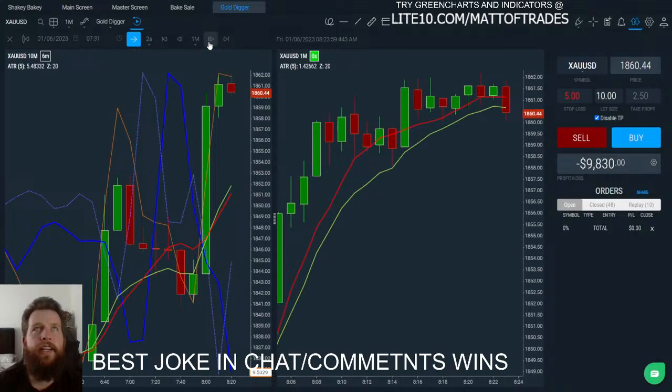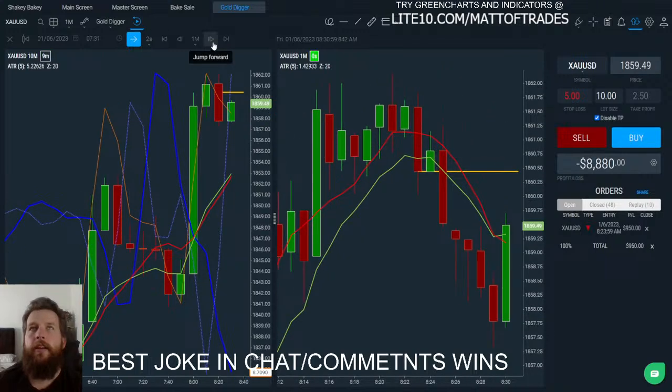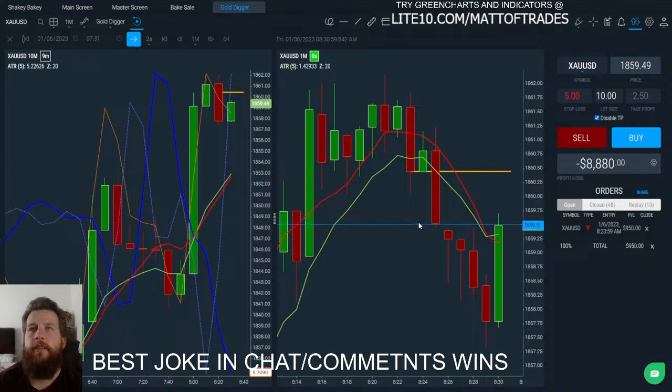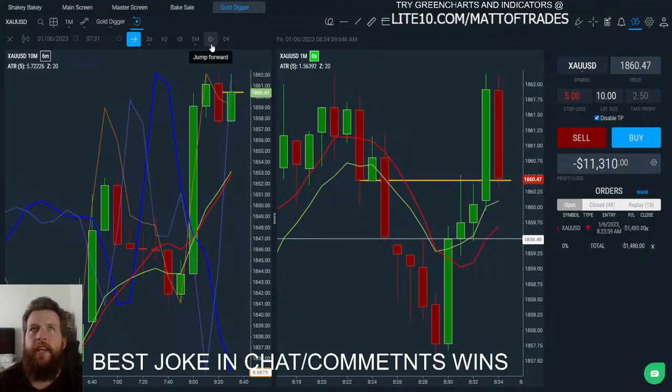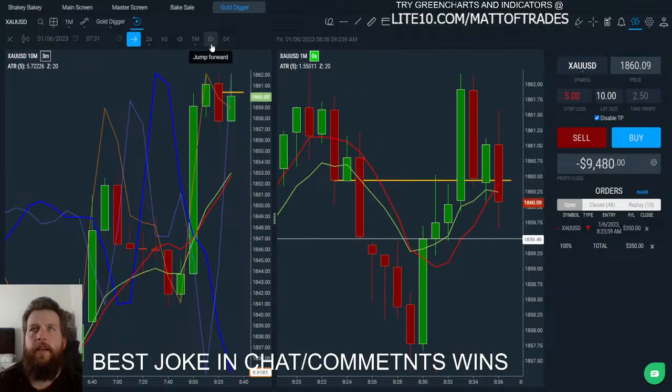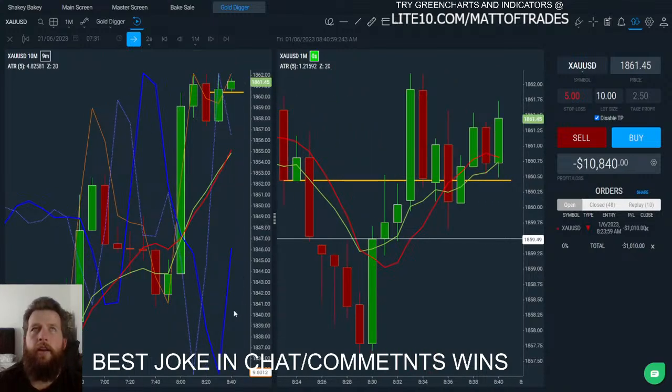Okay, we're getting a sell right here. Okay. New standard. Yikes. These are big candles. Okay, we're actually getting a buy signal now.